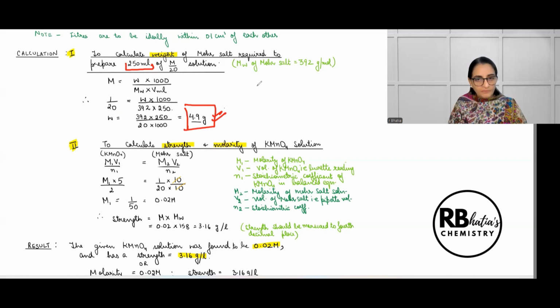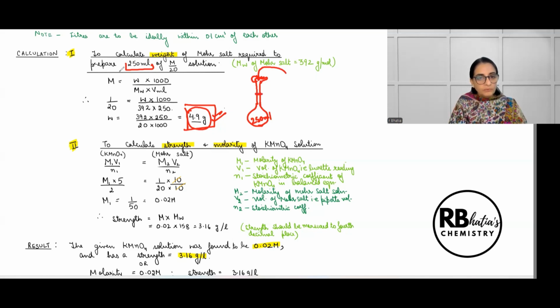I repeat this point, children. We make standard solutions in a volumetric flask, which is roughly of this shape, and it has one graduation, and on this bulb is written 250 ml. So what you're going to do is dissolve this 4.9 gram in a small amount of water, pour it into this volumetric flask, and then add more water till the final volume becomes 250 ml.